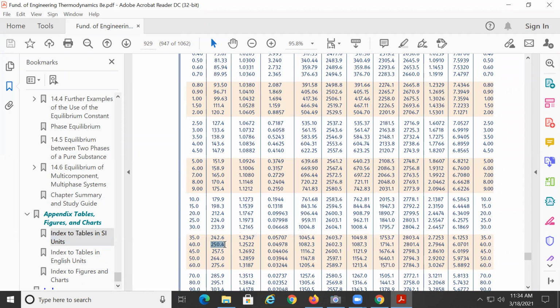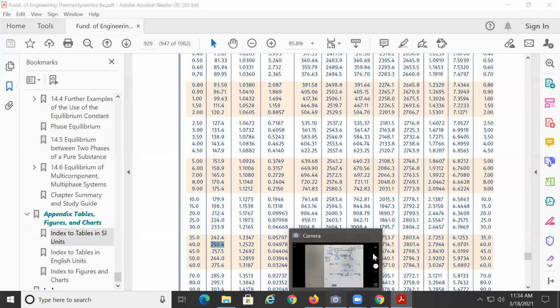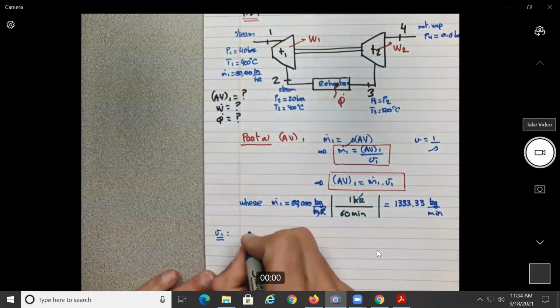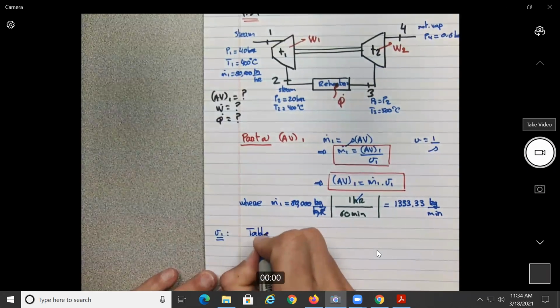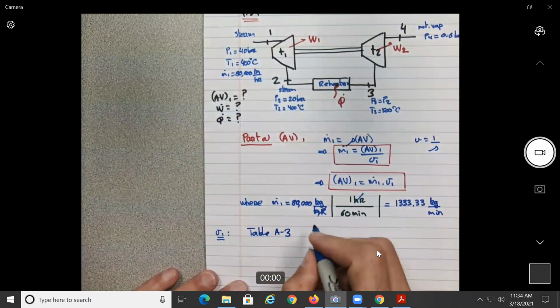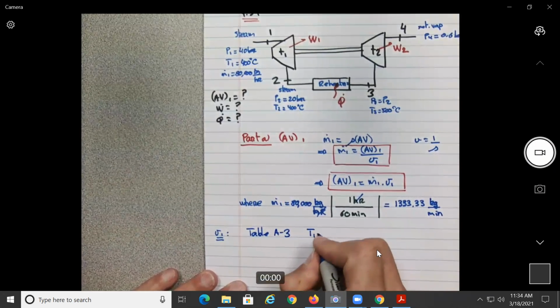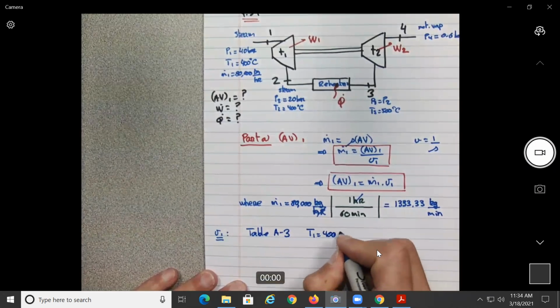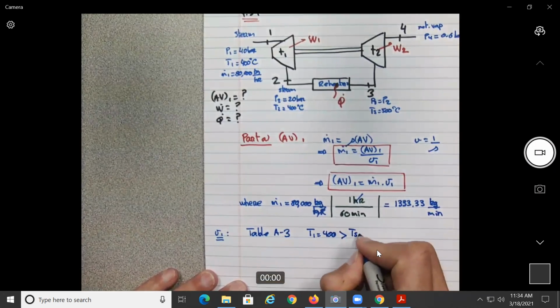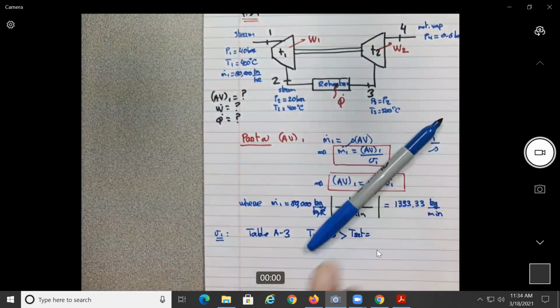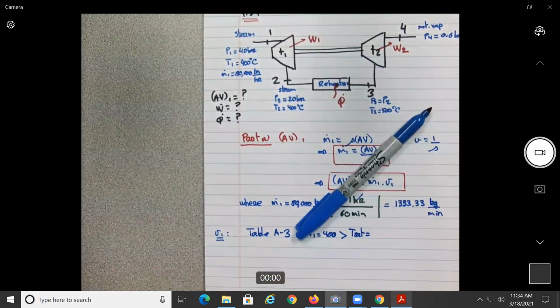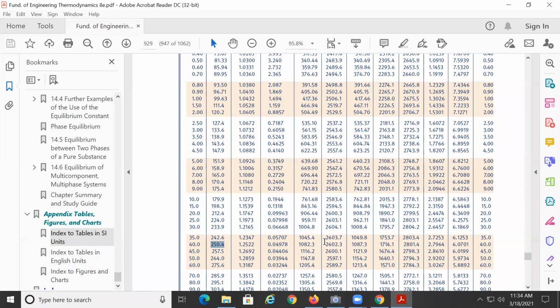So basically we can write over here, from table A3, you don't need to do that because it already tells us, but on the exam, I would like to see T1 equal 400, which is higher than the T saturation that is equal to 250.4 degrees Celsius at P equal 40.